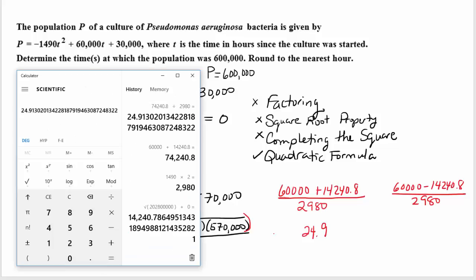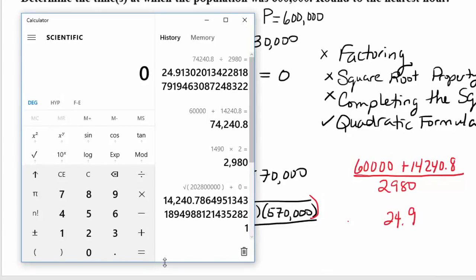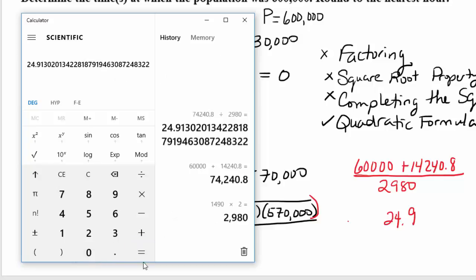Now I want to show you one slightly different way. Instead of hitting the plus and then equals, I could have told the calculator that this fraction bar is acting as a grouping symbol by putting parentheses 60,000 plus 14,240.8 close parentheses. Now the calculator has done what's in the parentheses first, then hit divided by 2,980, and I should get the same answer.